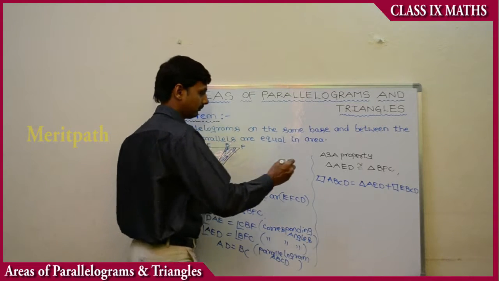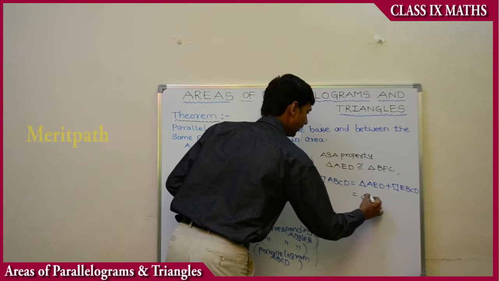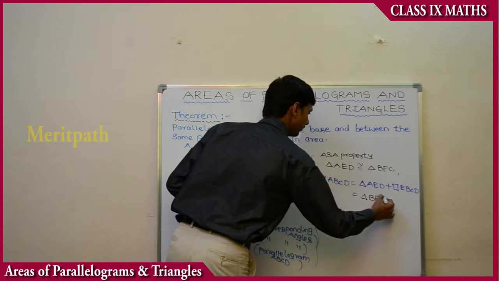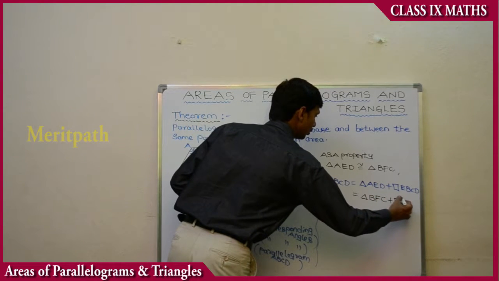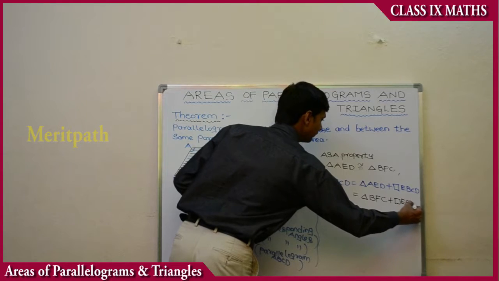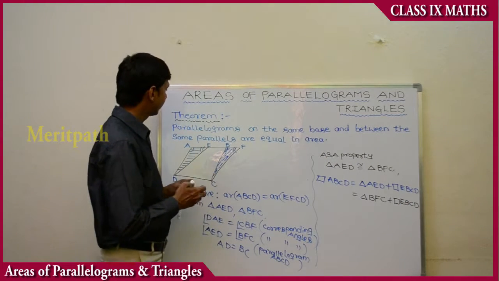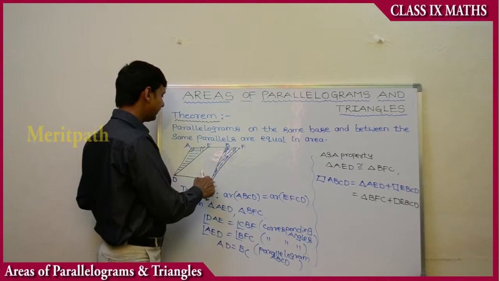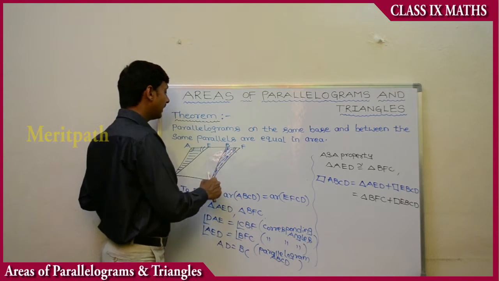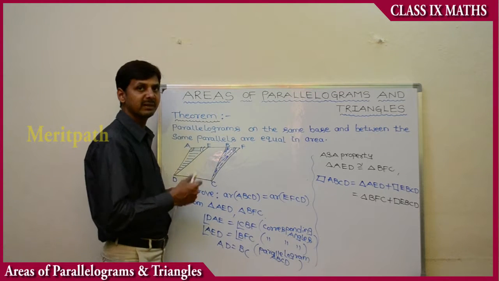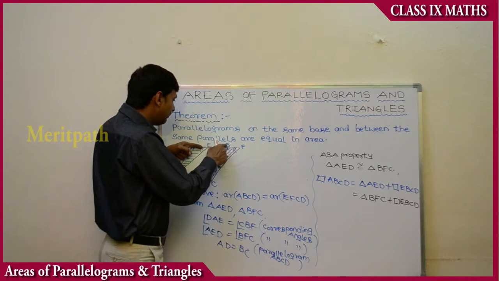So triangle BFC plus quadrilateral EBCD. What does it become? Let's observe again.